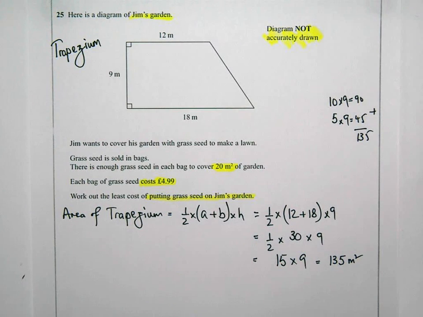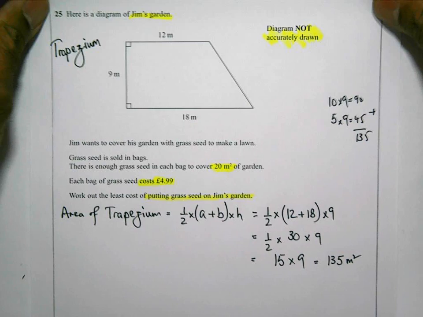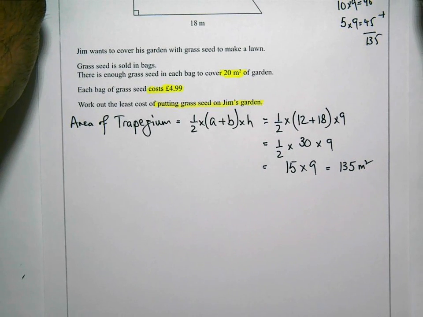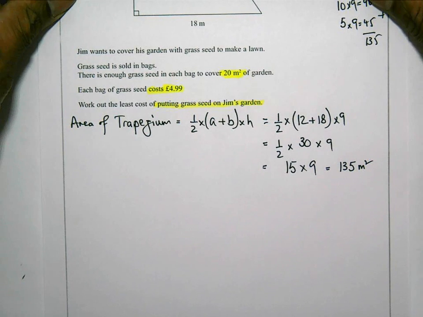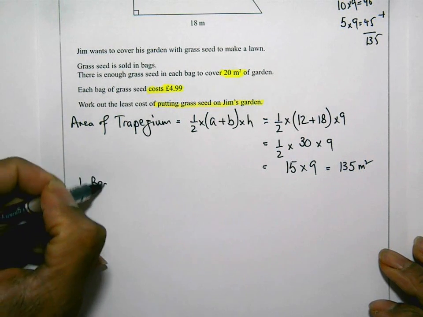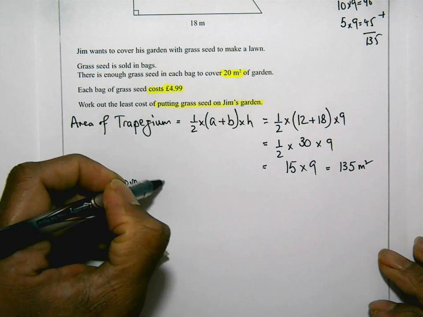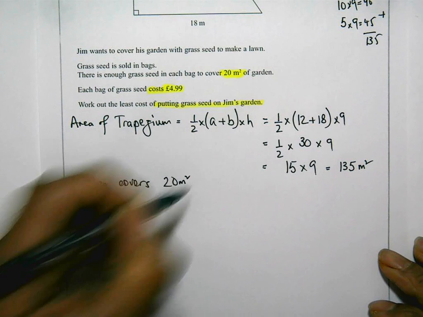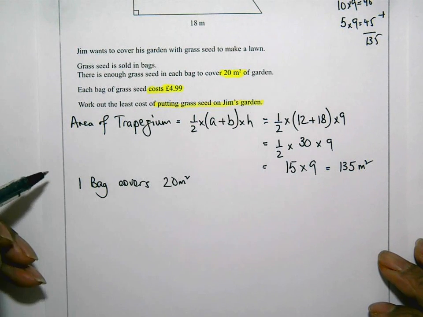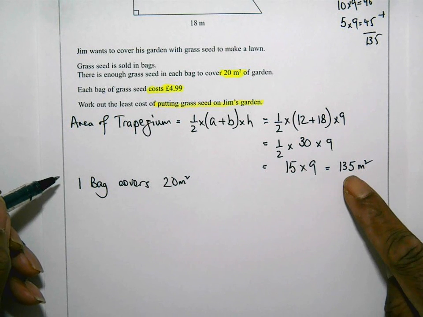The question says that he wants to cover the whole area of the garden with grass seed, and one bag covers 20 meters squared. If one bag covers 20 meters squared, I need to work out how many bags would cover 135 meters squared.